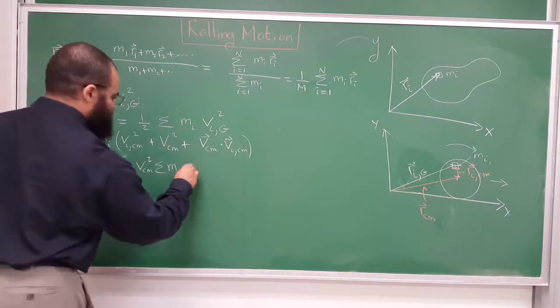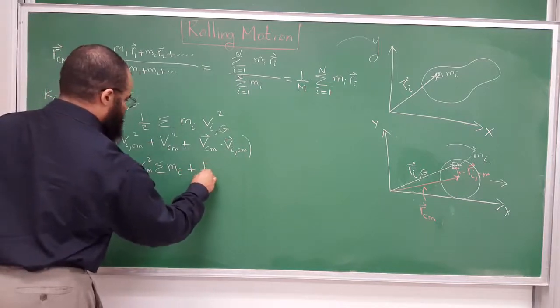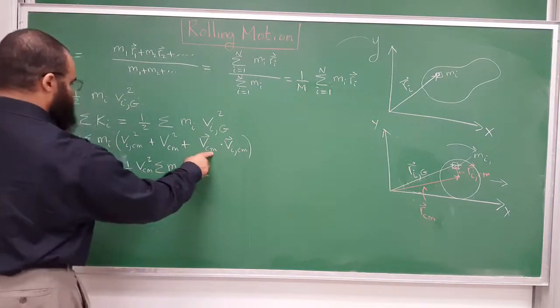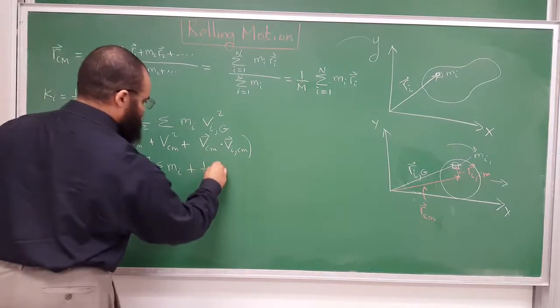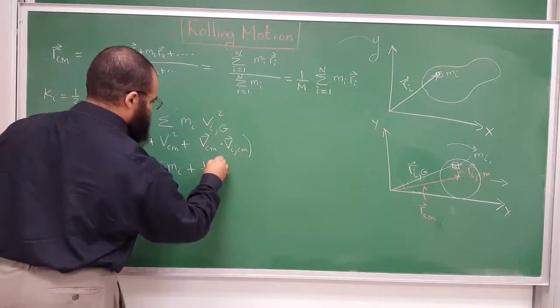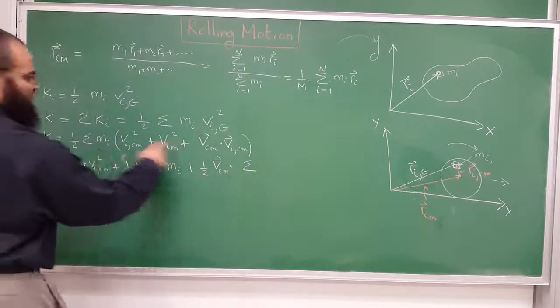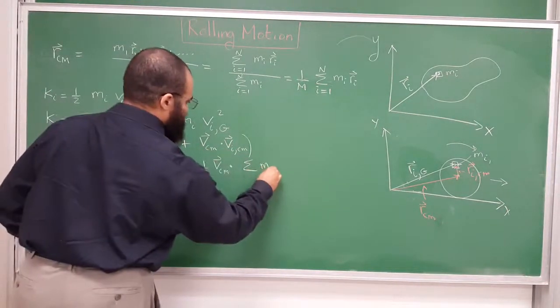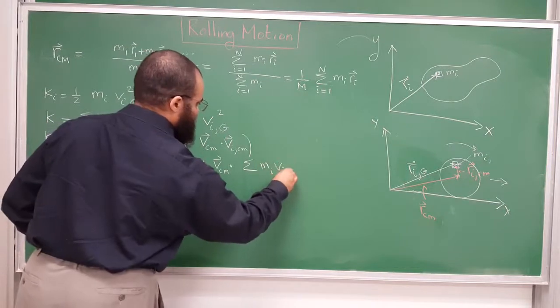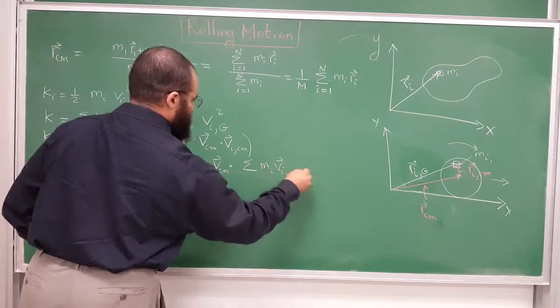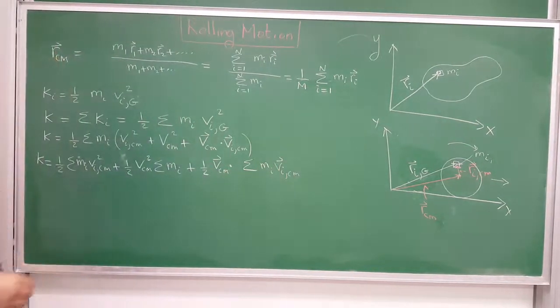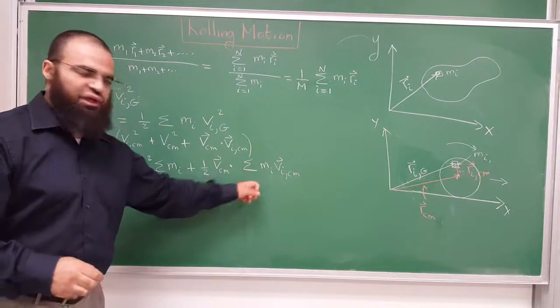And then plus 1/2, again V center of mass can be pulled out, and we take the dot product with the sum of mi Vi relative to the center of mass. What happens is this will be 0, and we will see why.